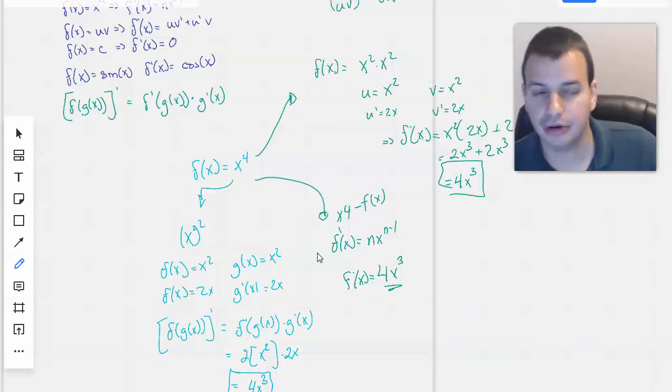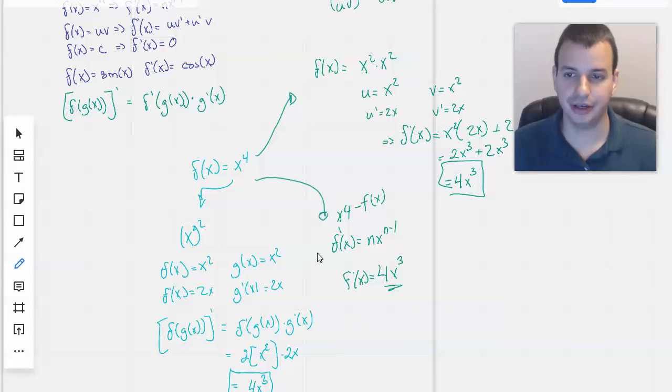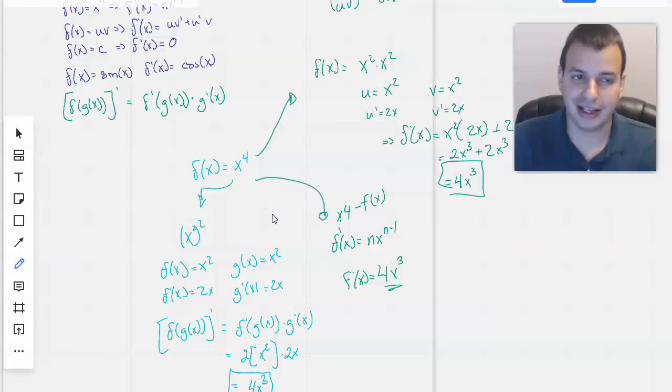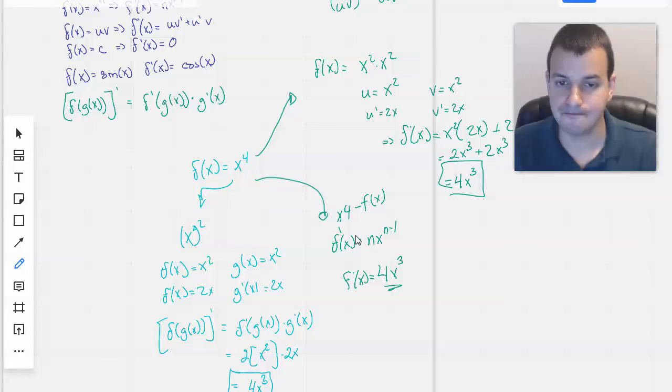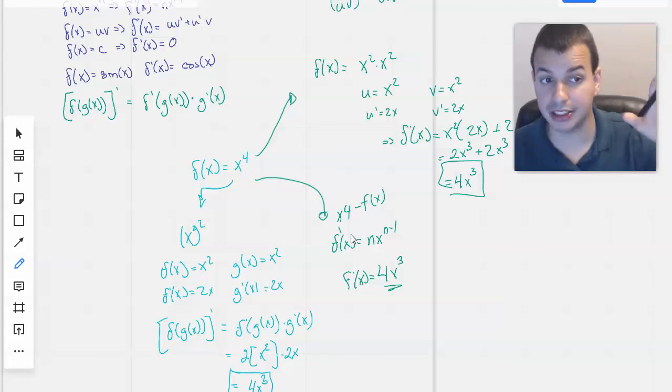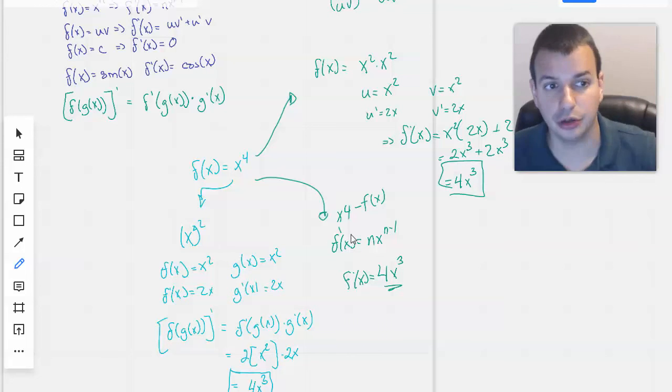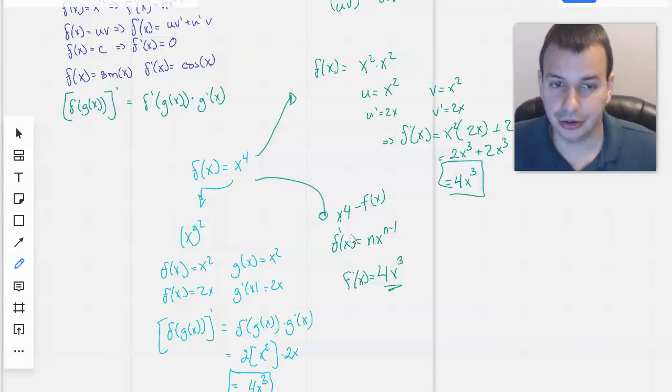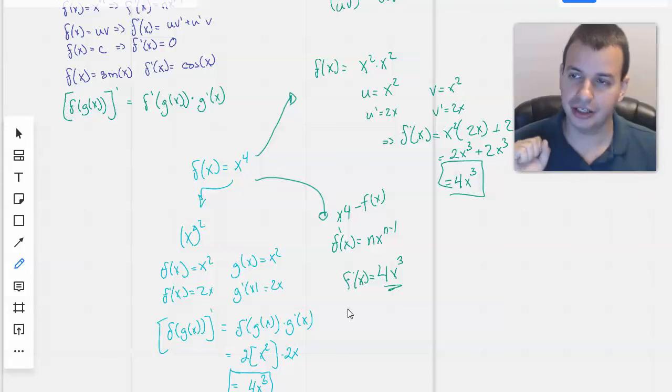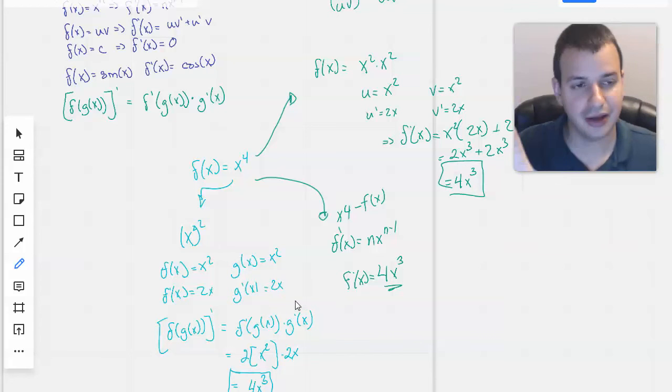Most problems that you come across won't have this amount of flexibility. And even then, like I said, the power rule is by far the best option for this solution. And so there really isn't that much choice in which one to do. But it's a good exercise to be like, all right, we have this x to the fourth.